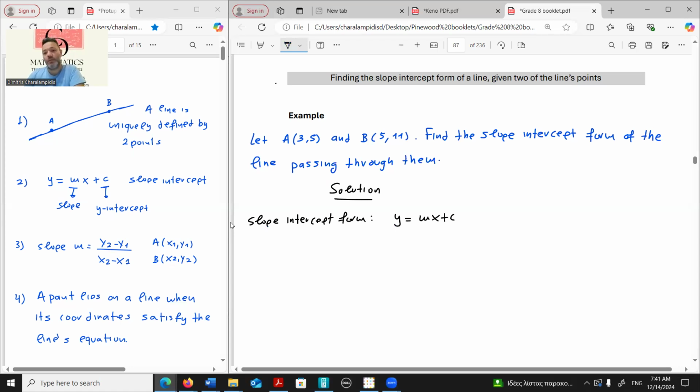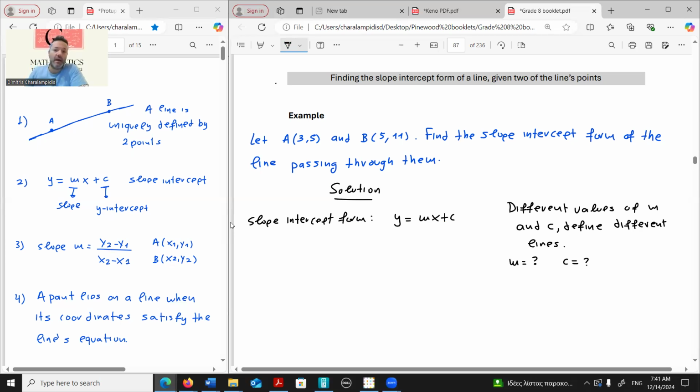We should know that different values of m and c define different lines. So all that we need to do is actually calculate the value of m and the value of c in this case, so that we can actually determine our line.